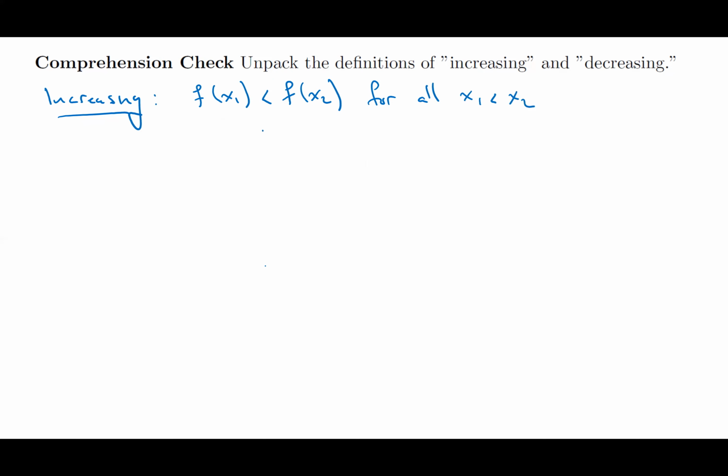Let's think about what that means. Let's just call this random point on the x-axis x1. Now, we need a second point that's larger than x1, right? We're moving to the right. So maybe that's x2.